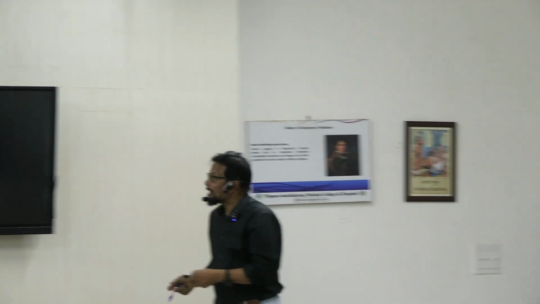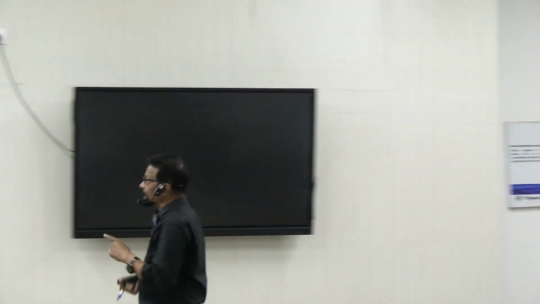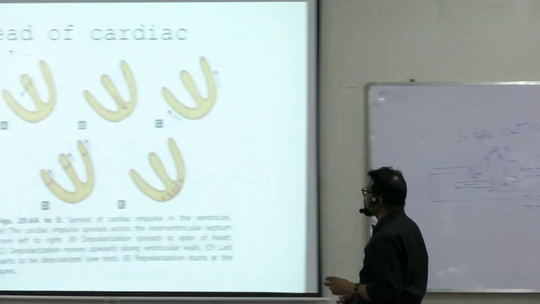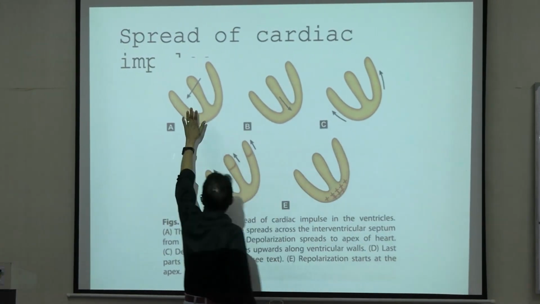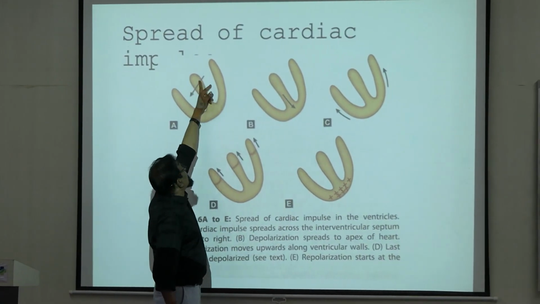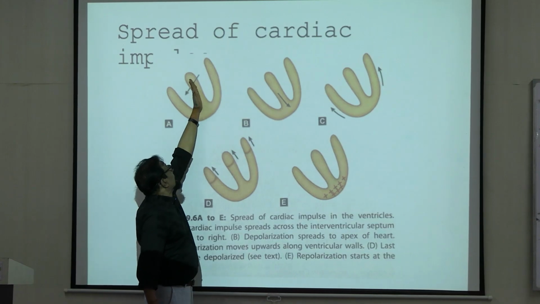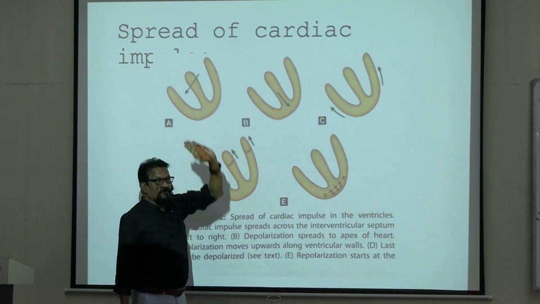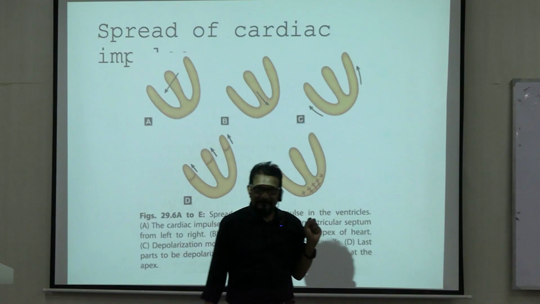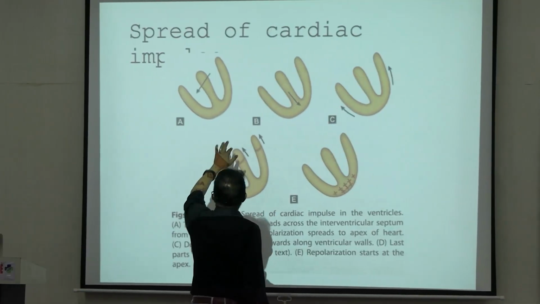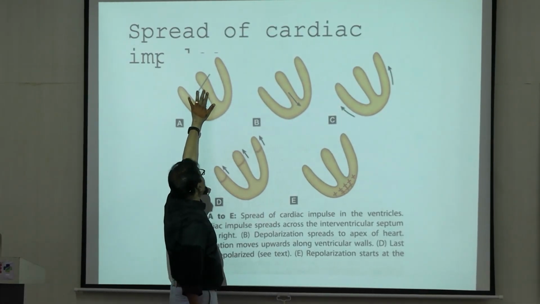First in the ventricle, this is the septum. This part, the left side, will first get the impulse. Then it will send the impulse to the right side.